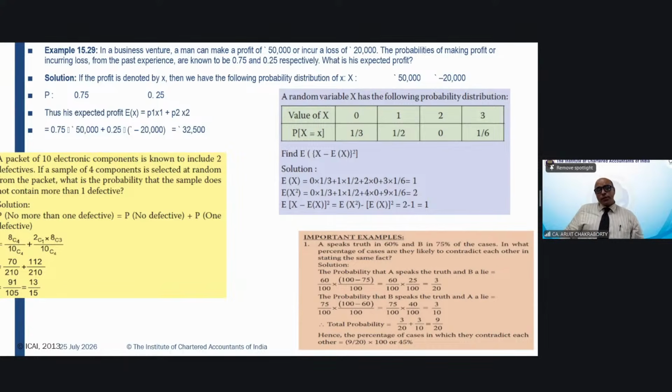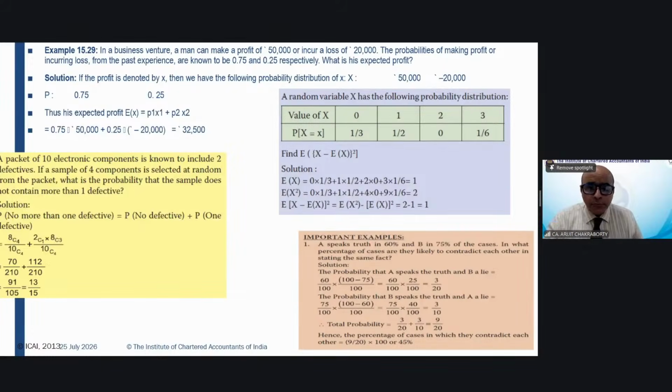And then the next scenario is B now speaks the truth, but A is speaking a lie. A is lying. So this is possible when we calculate in this way. The probability of B speaking the truth is 75 by 100, and the probability that A is lying is given by 40 by 100, because the probability of A speaking the truth is 60 by 100.